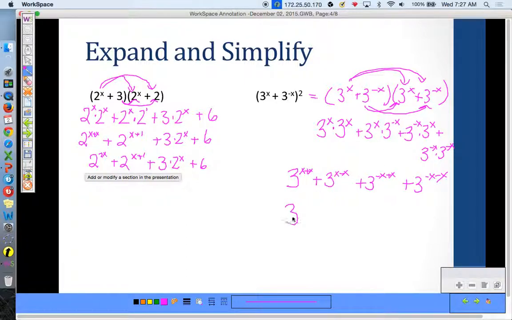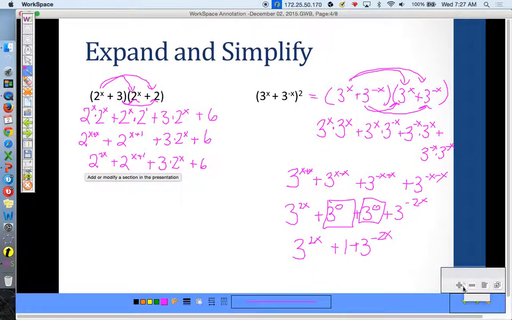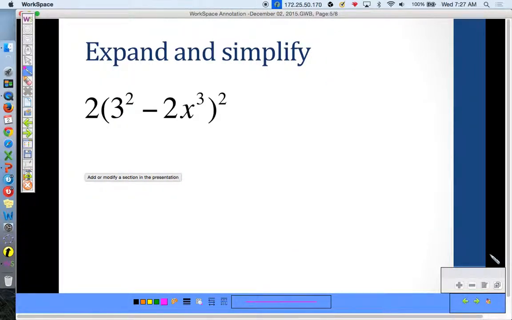This would be 3 to the 2x, plus 3 to the 0, plus another 3 to the 0, plus 3 to the negative 2x. We know this is 1 and this is 1, so 3 to the 2x plus 2 plus 3 to the negative 2x. And again, even though those are both bases of 3, we can't combine them because it's adding.